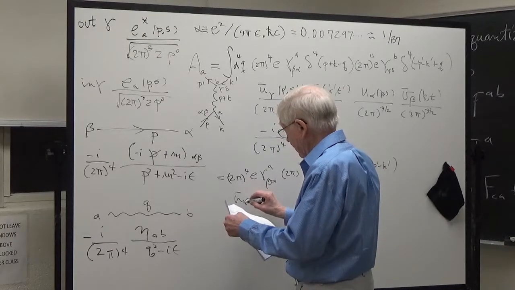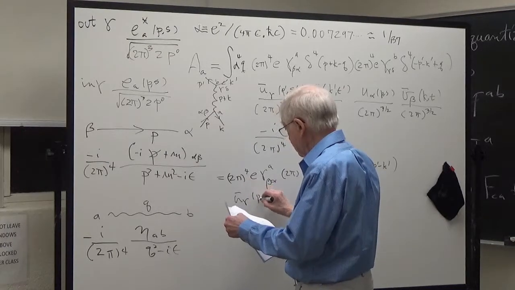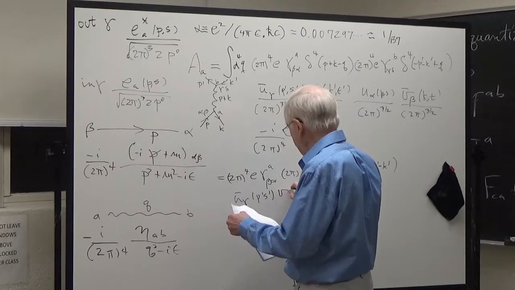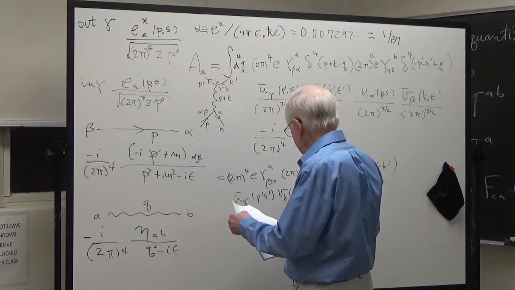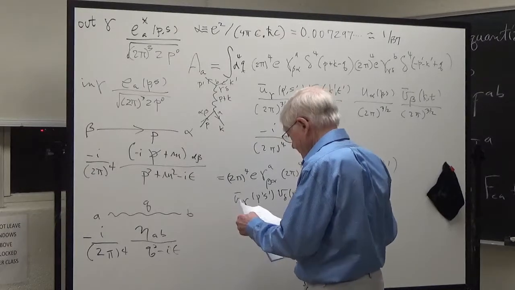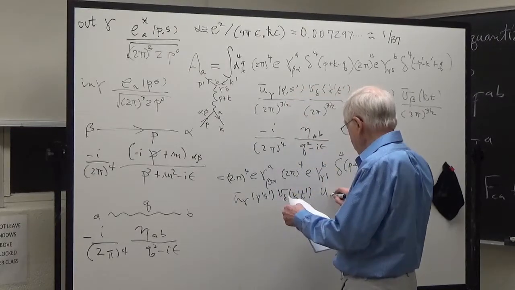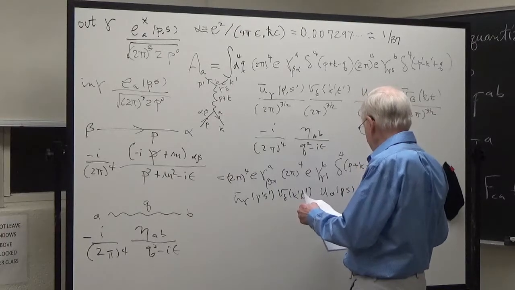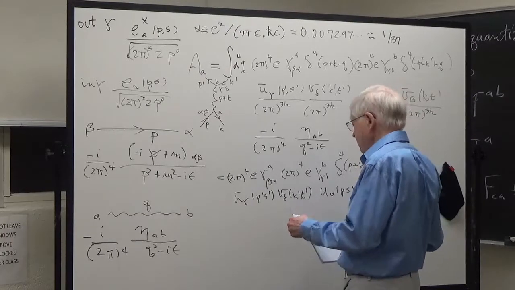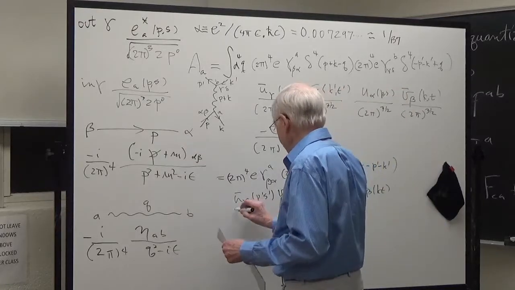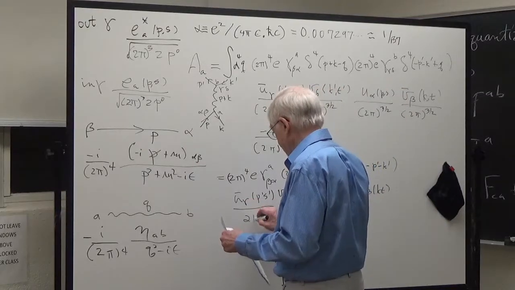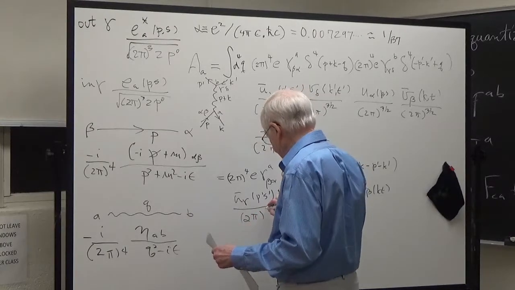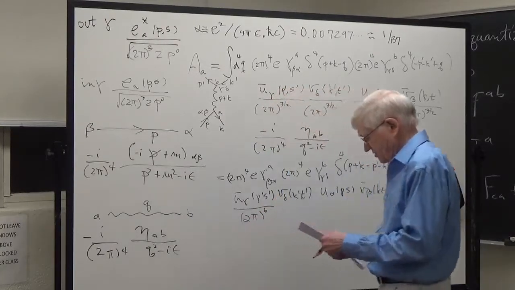And then the rest of that is what we had before: ū γ(p', s'), v_δ(k', t'), u_α(p, s), v̄_β(k, t), and I'm just going to divide this by (2π)^6 instead of writing all the 2π's.